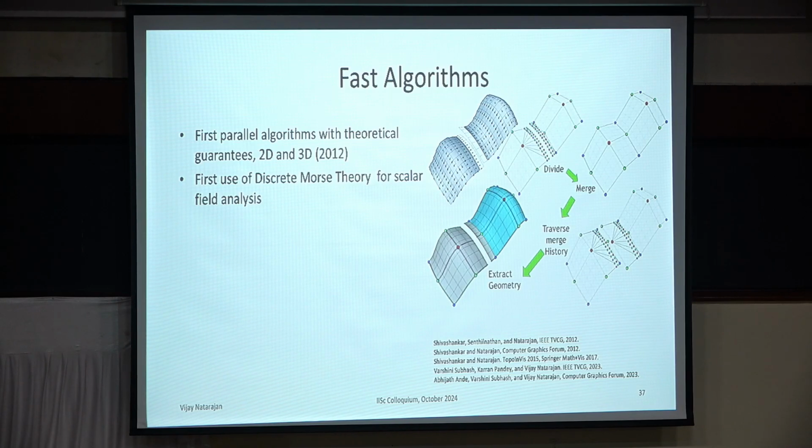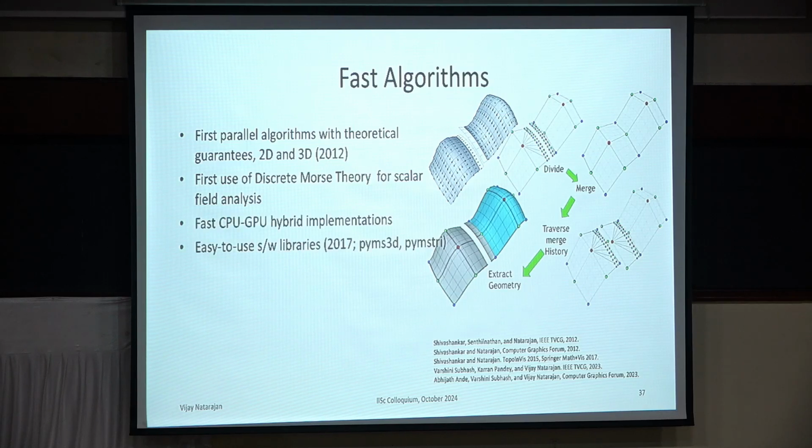Then when you merge the adjacent blocks, you merge them via a cancellation procedure, which pairs critical points and cancels them. By rewriting this entire path tracing as a sequence of cancellation operations, we were able to write down a parallel algorithm. And this was the first known parallel algorithm for this Morse-Smale complex.